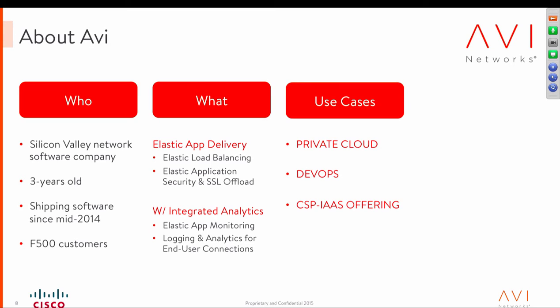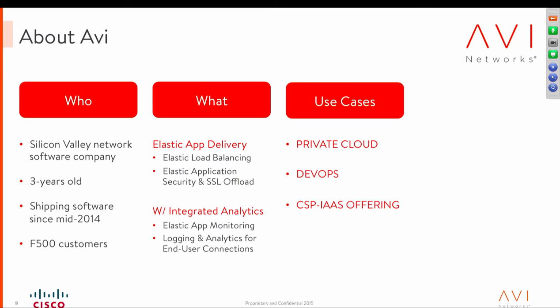Let's talk about the use cases that we have deployed in. There are primarily three. First, a private and hybrid cloud, where we are a drop-in software-based elastic load balancer that's programmatic and has full cloud integration with OpenStack, as well as other cloud management platforms.